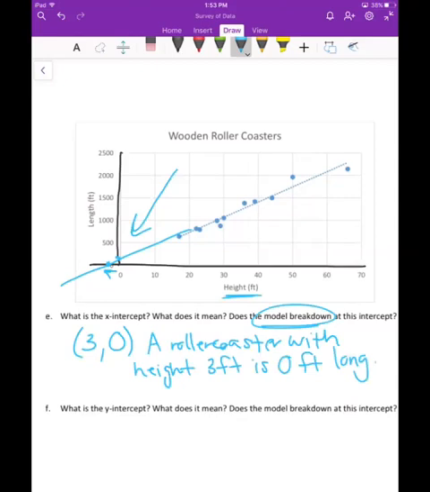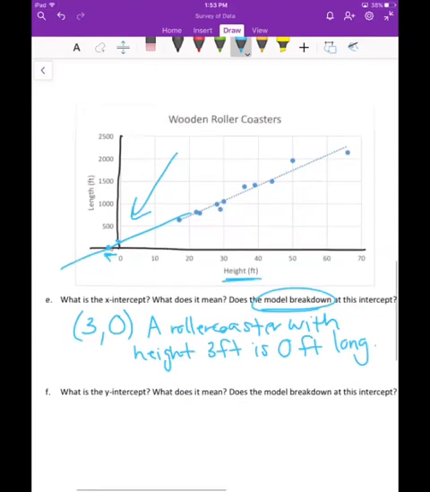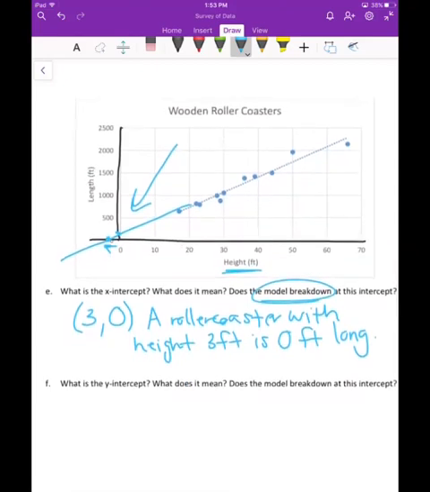Okay, our y-intercept is just about as far up the y-axis, but that's going to be a higher number because our scale here on the y-axis goes up 500. So I would say here the line is crossing the y-axis around 100. And again, y-intercepts always have an x value of 0.